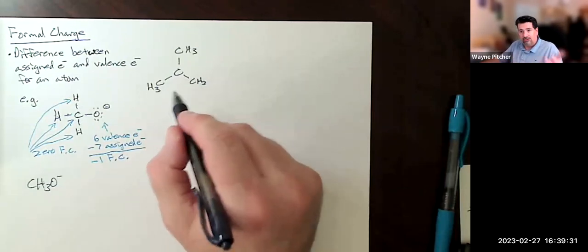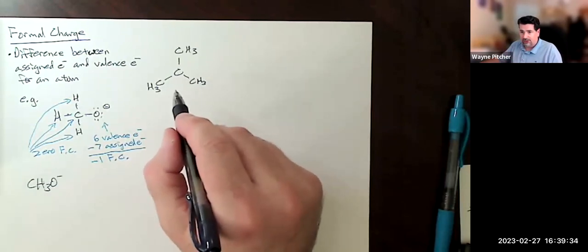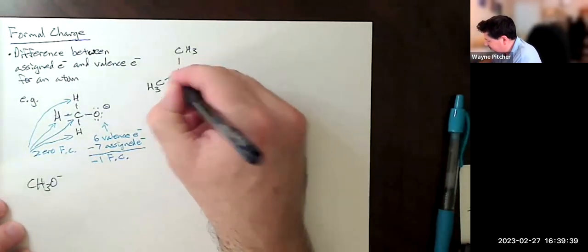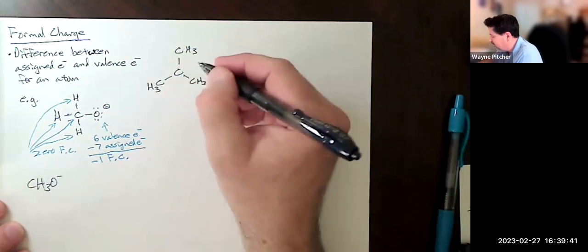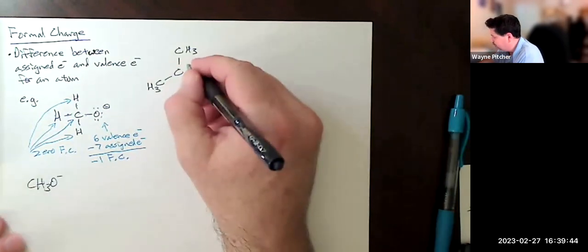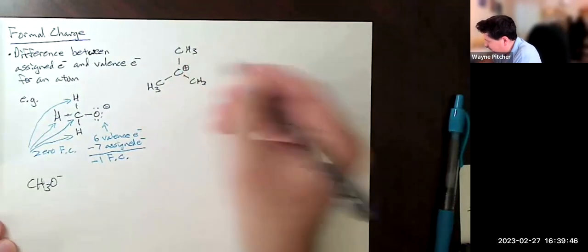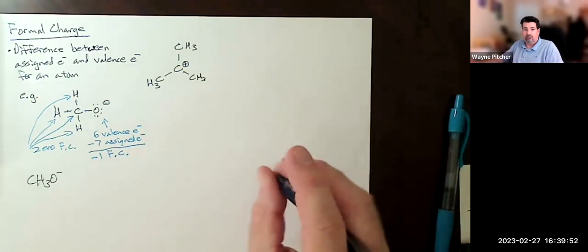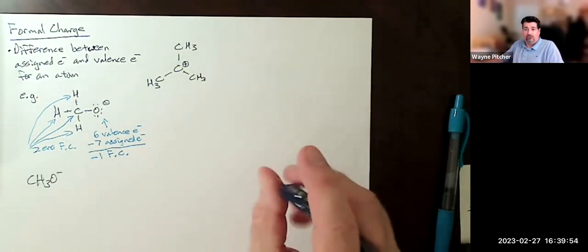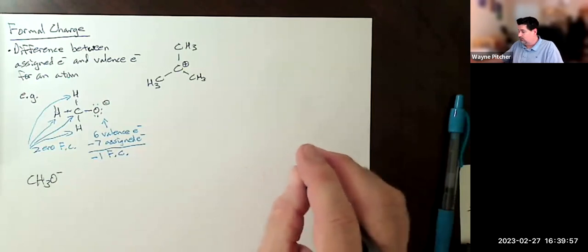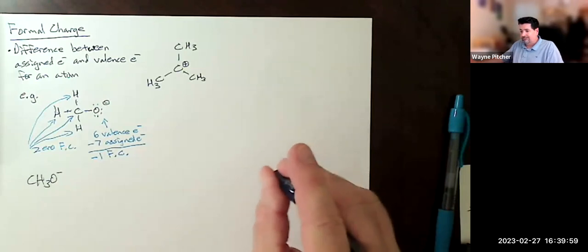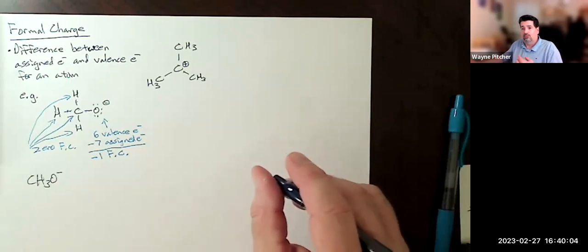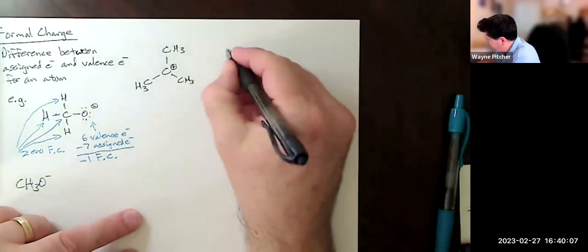Each hydrogen has 1 assigned electron, 1 valence electron, 0 formal charge. In the middle, this carbon has 3 assigned. Normally, it would have 4 valence electrons. So this has a plus formal charge. Okay, 4 minus 3 gives us 1. That's our formal charge. Now we can use this when we look at resonance structures.